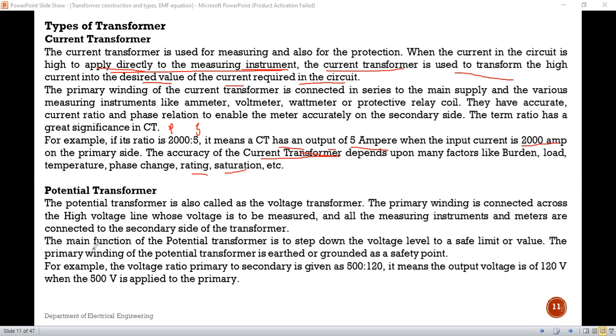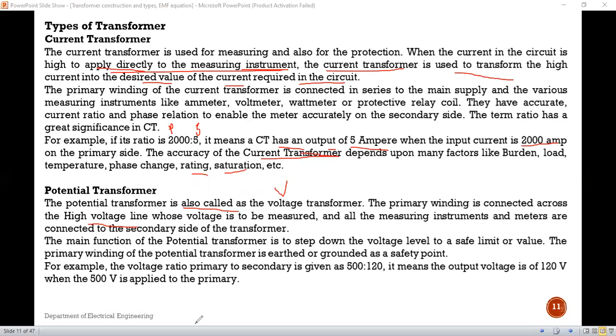Now the potential transformer, it is also called a voltage transformer. The primary winding is connected across the high voltage line whose voltage is to be measured.